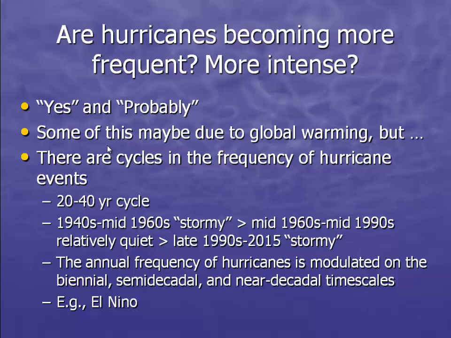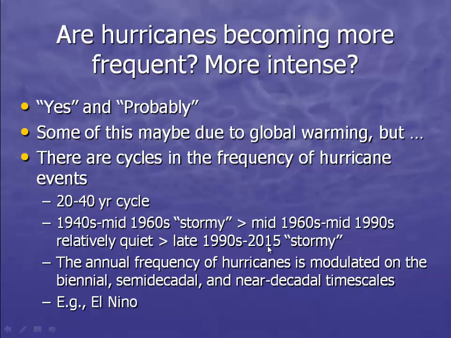We know that because the Clausius-Clapeyron equation tells us that if we do have increased heat and humidity, or increased temperatures of the climate, we do have an increased water vapor content. And so we know that the hurricanes will probably get much stronger with a changing climate, at least a climate that's getting warmer. But we know there are also cycles in the frequency of hurricanes. They come in about a 20 to 40 year cycle. The 40s through the 60s were very stormy. The 60s to the 90s were quiet.